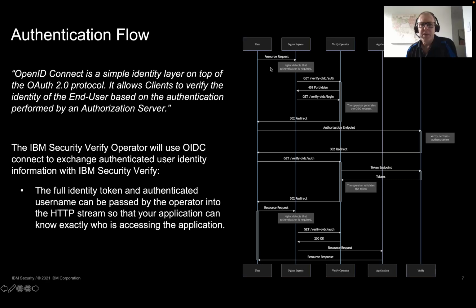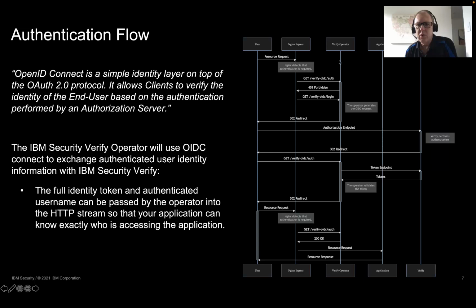So if we start talking about the authentication flow, first off, the user will make a resource request. That will be routed through to the ingress controller. Nginx, or the ingress controller, has already been instrumented to know that to access this application, authentication is required. So it will make an internal call, so it doesn't go back to the user.